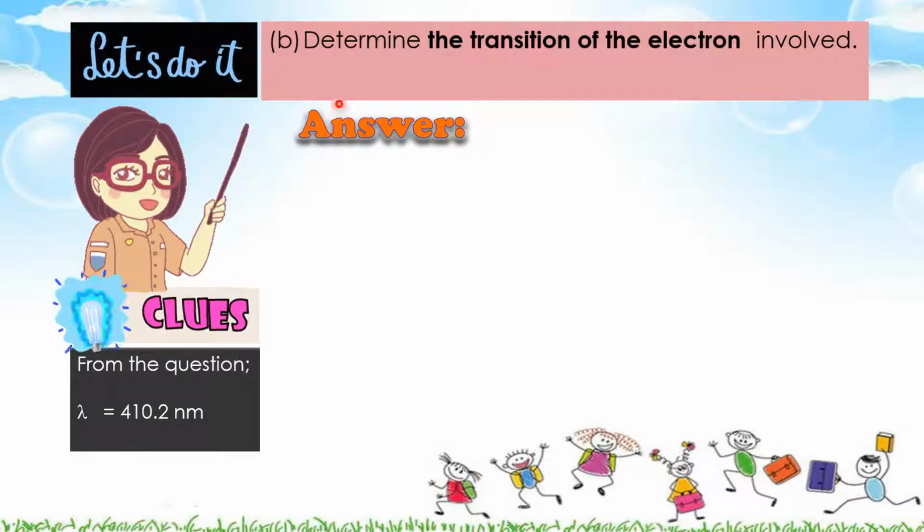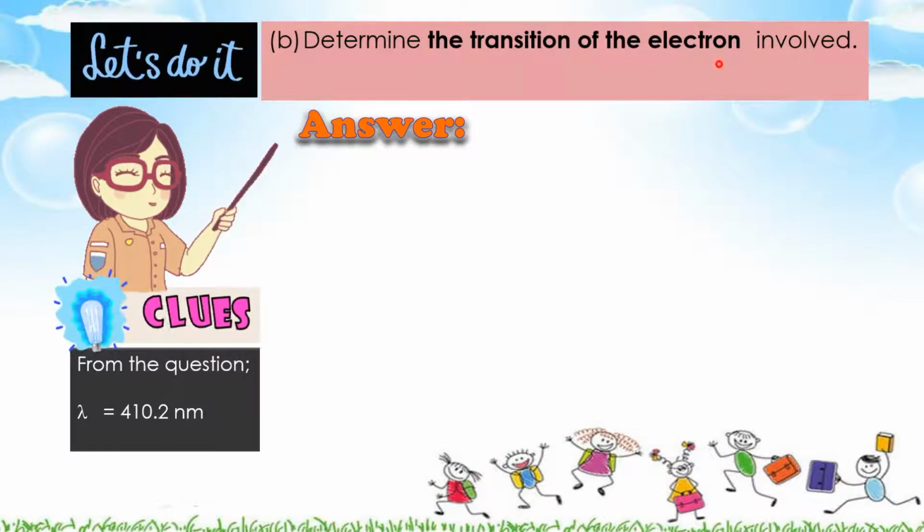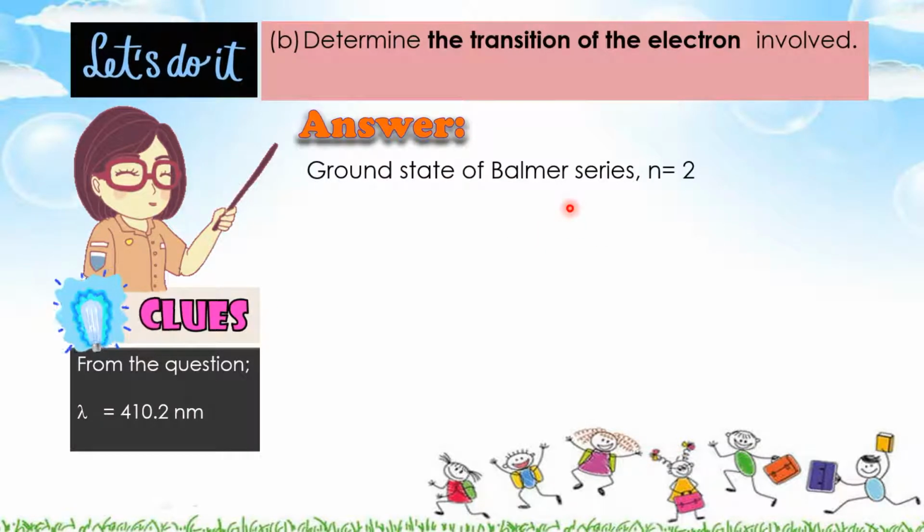For the second question, determine the transition of the electron involved. In the question only the wavelength is given, that is 410.2 nanometer, and we already know the series is Balmer series, where the ground state is n equals to 2.